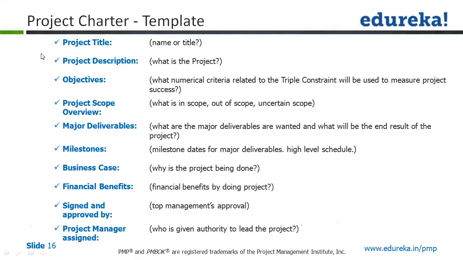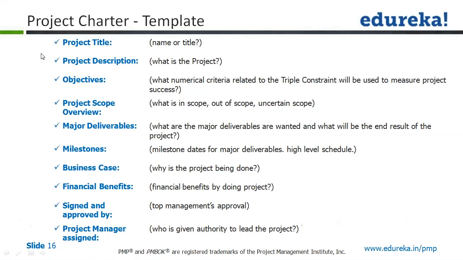If you remember, the concern of a project is basically the scope, the time, and the cost. These are the three major items of the triple constraint. So objectives must be very clearly defined, and should also touch base on the triple constraint.